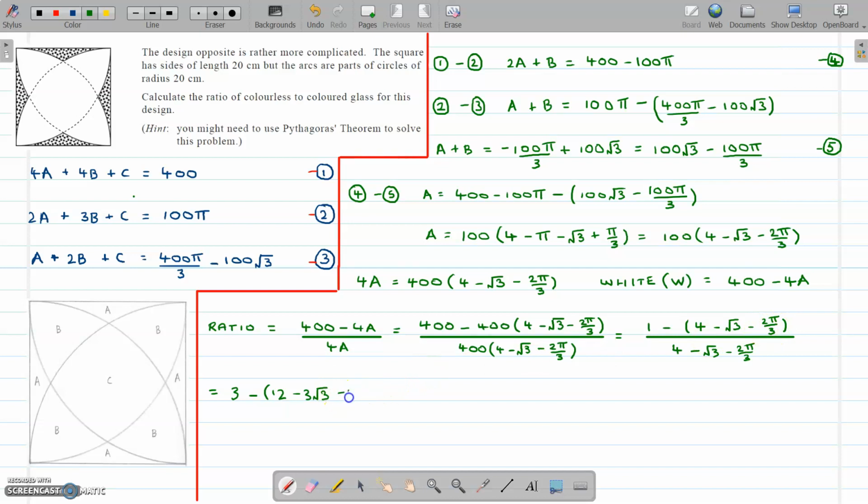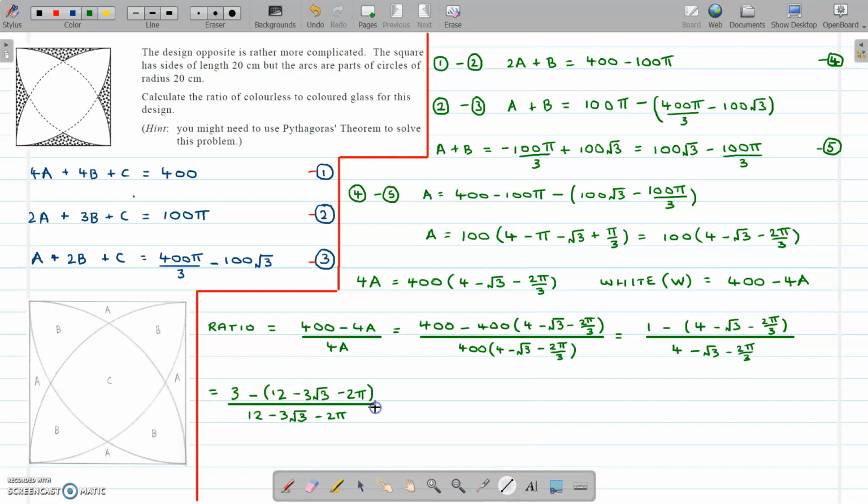So I've basically taken every term and multiplied it by 3 on the top, so I must do the same to the bottom. So the denominator becomes 12 minus 3 root 3 minus 2 pi. So it's stopped me from having a fraction on the top and a fraction on the bottom of a bigger fraction, if you like.